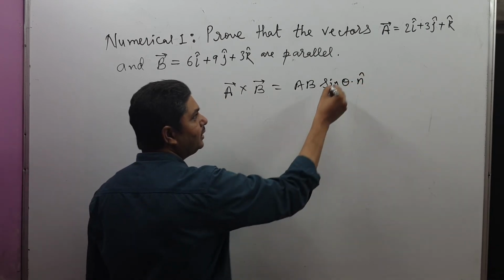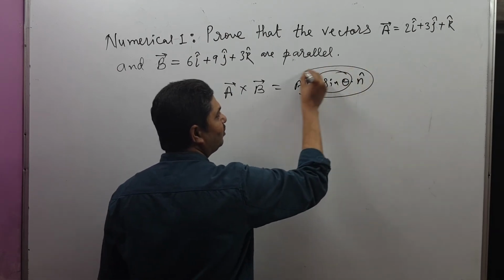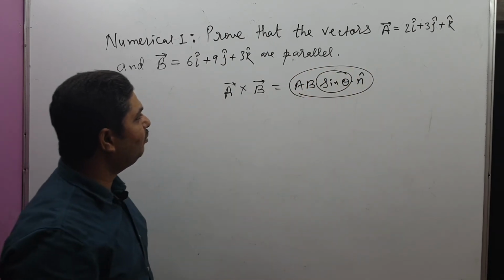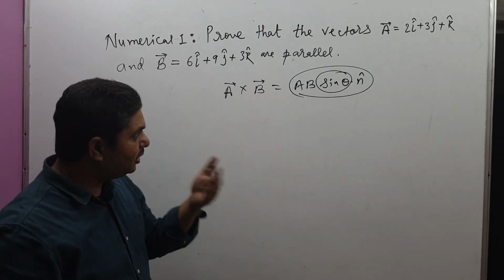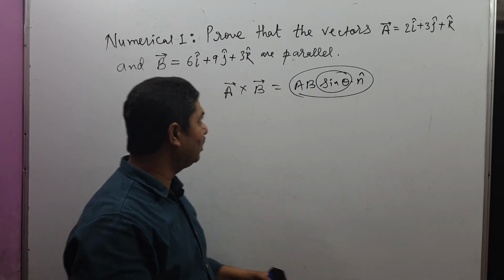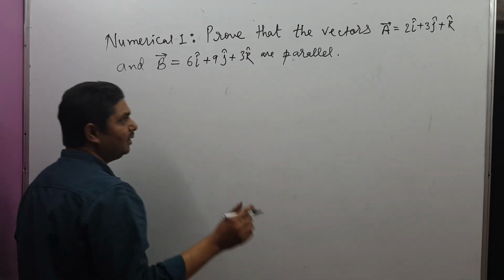If this sin theta becomes 0, then the whole term becomes 0. If the whole term becomes 0, this means that vectors A and B are parallel to each other. So this is our concept to solve the numerical. Now I have given you the concept, now see the solution.